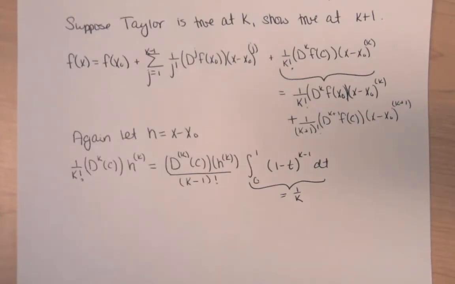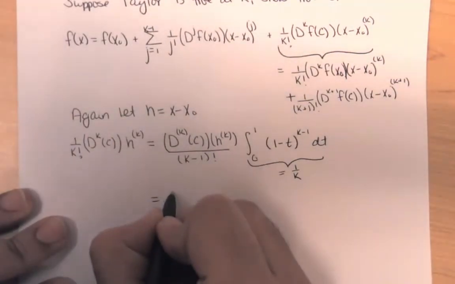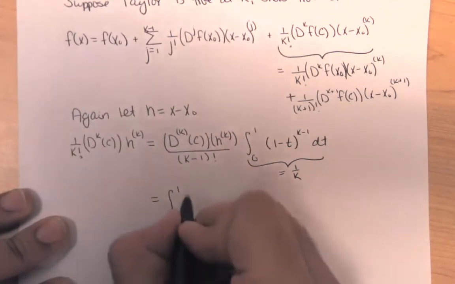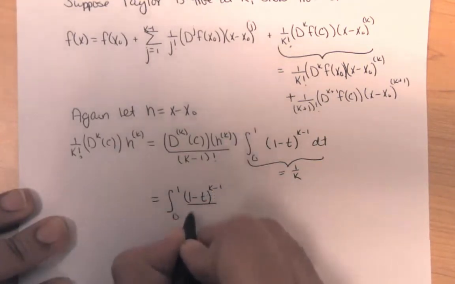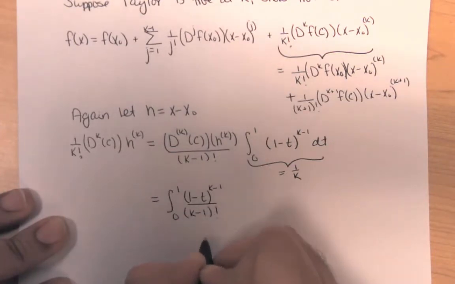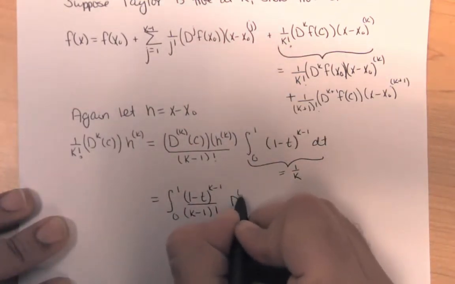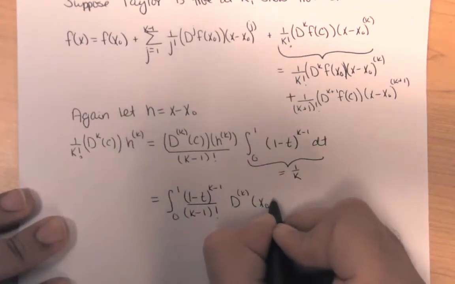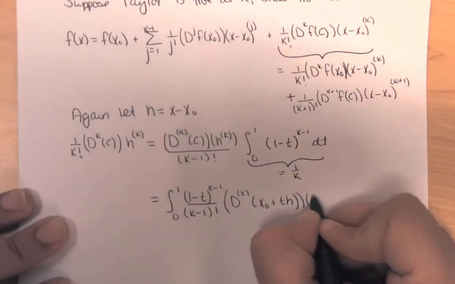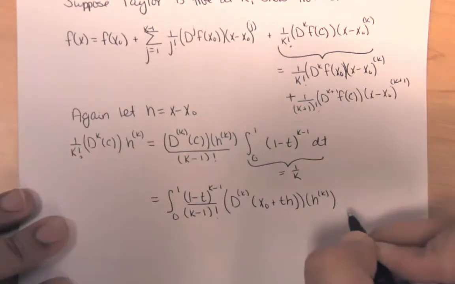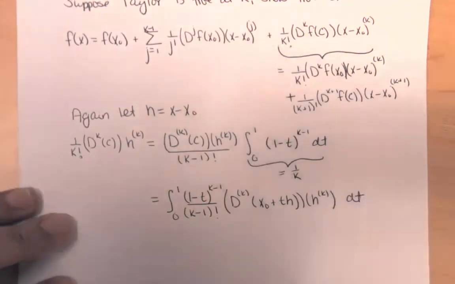And then, of course, using the same generalization of the mean value theorem, I get this is equal to the integral from 0 to 1 of minus t to the k minus 1 divided by k minus 1 factorial times this, but now evaluated at the integrand variable, times the h k-tuple dt.